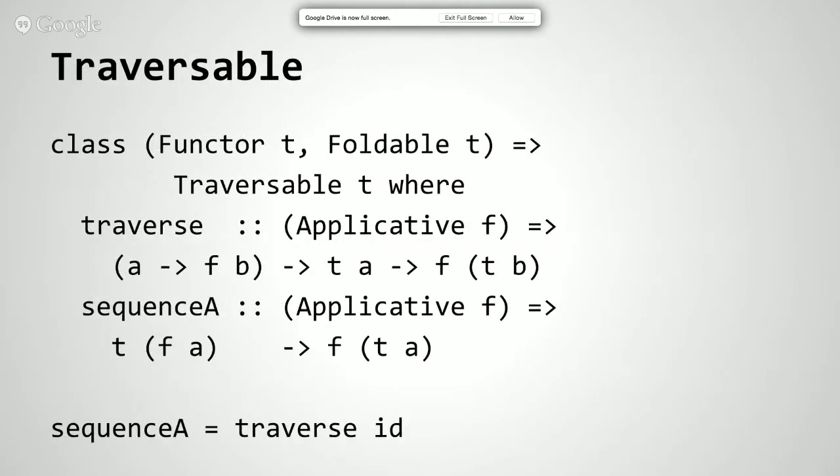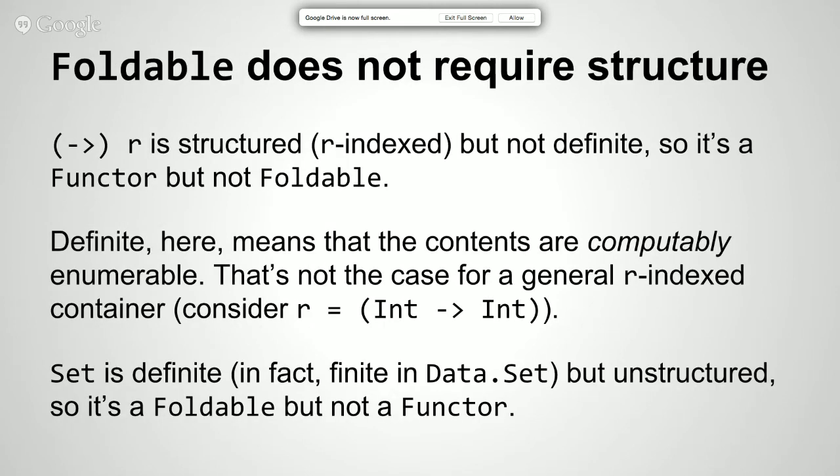And now we get to Traversable, which is where it gets really interesting. Traversable has to be a Functor, and it has to be a Foldable. Before I talk about Traversable, let me back up and say that even though you can have an infinite Foldable, the only time that doesn't behave pathologically is when you're folding into a monoid that has some kind of termination.